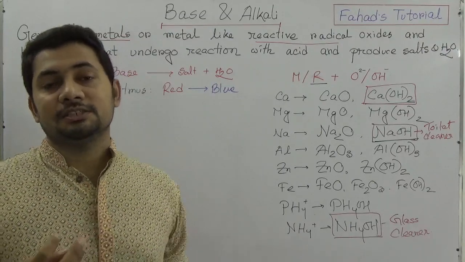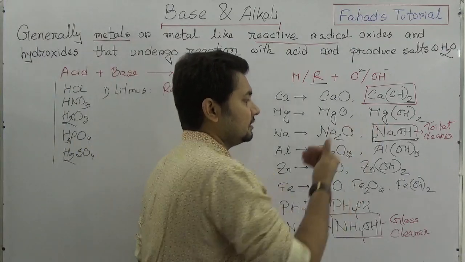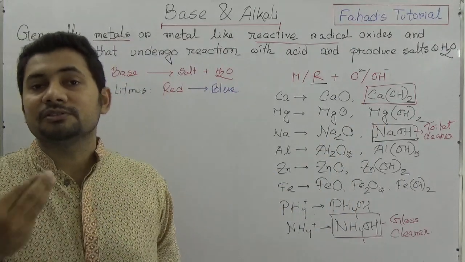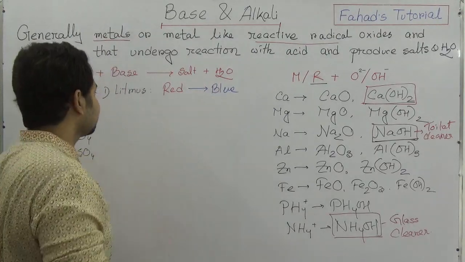So the litmus test shows that this is a basic solution, because when sodium hydroxide solution, or even any basic solution, is added to litmus paper, the red litmus will turn blue.